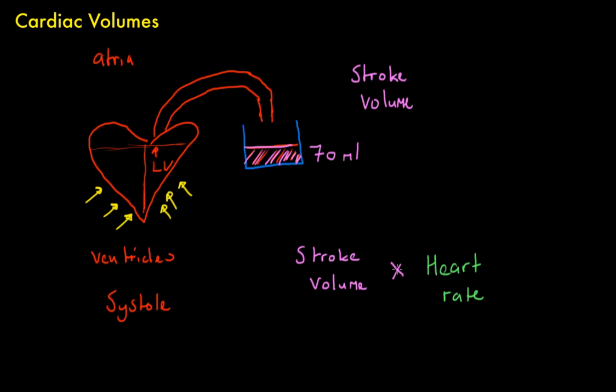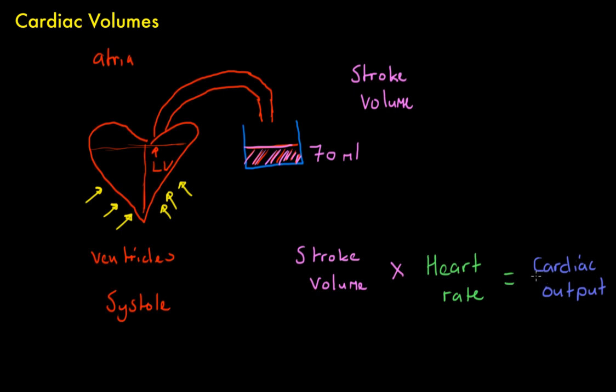So stroke volume times heart rate gives us a reading that we refer to as our cardiac output. I hope straight away that means something to you. The output of the cardiac. Output is how much leaves or comes out, and cardiac is all about the heart. So it's the output of the heart per minute.